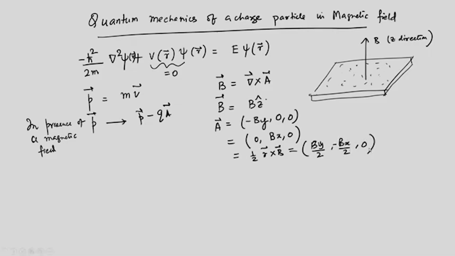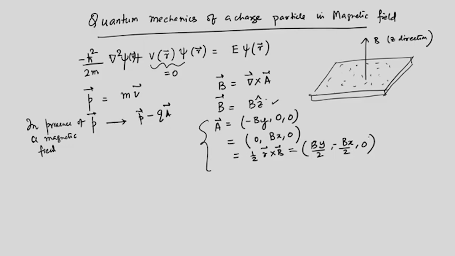So, all three forms of the vector potential would create the same B, which is constant and in the z direction. You just have to convince yourself by taking the curl of this, and this is called gauge freedom, in the sense that the final result would not depend upon which A you use.